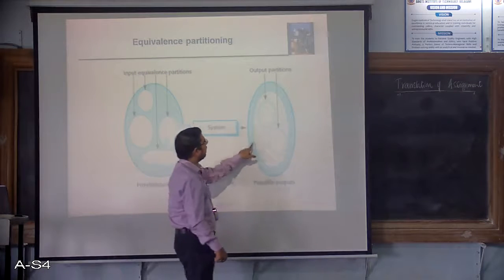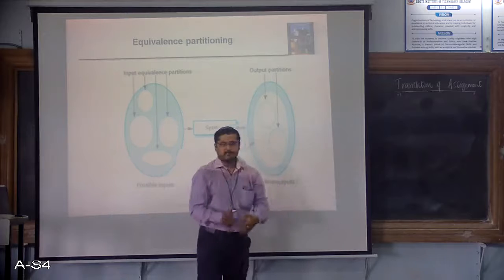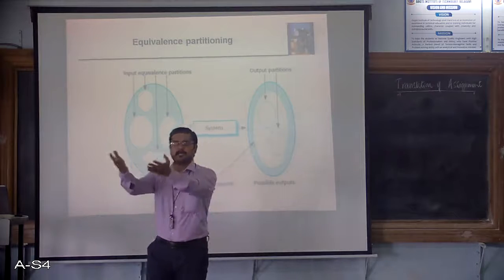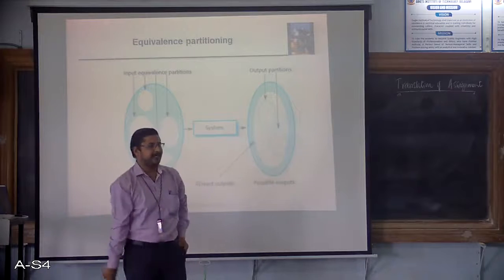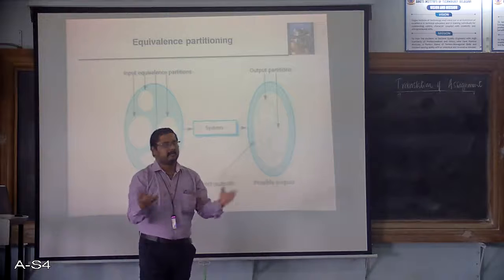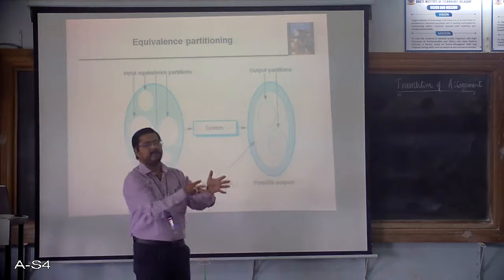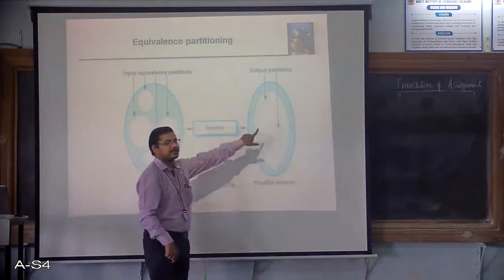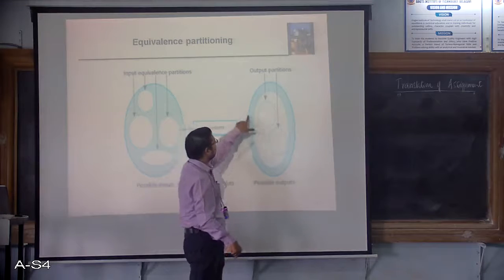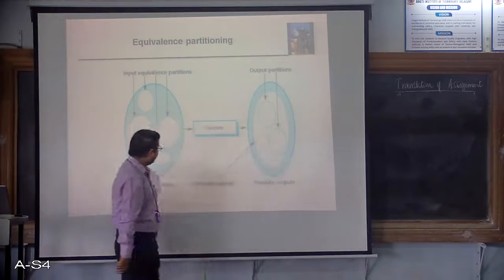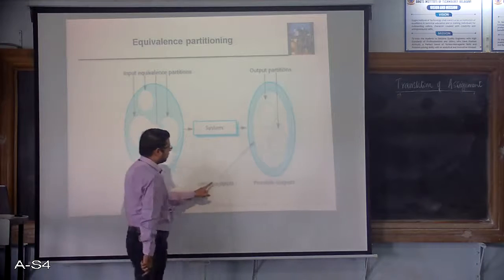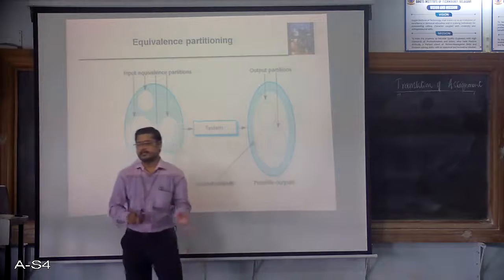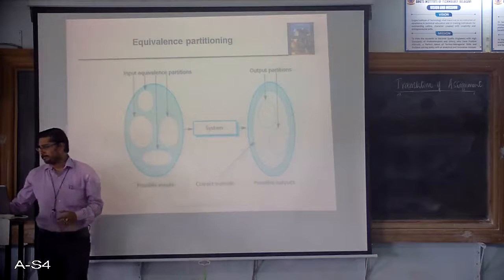And this other shaded part is exceptions. For example, at an ATM, if you want to withdraw 75,000 but only 45,000 can be withdrawn per day, that is an exception. Those types of exceptions fall in this shaded area. Possible inputs, correct outputs, and possible outputs: there is a correspondence between the inputs and outputs.